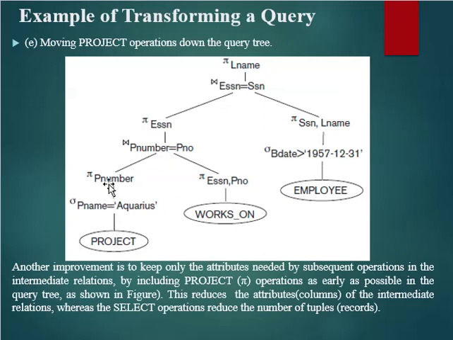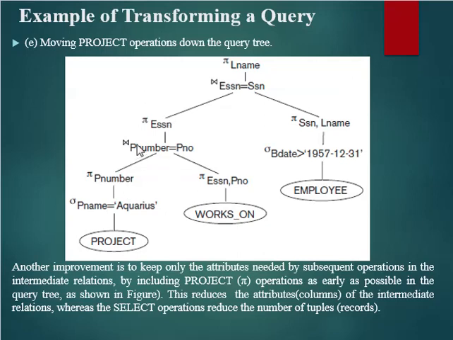So we need to remove the unwanted columns and keep only the wanted column, P number. So we do project P number here. This way we move the project statement down, closer to the relation table. So we have to move the select as well as the project operation before the join operation.